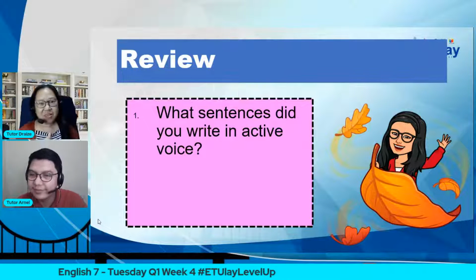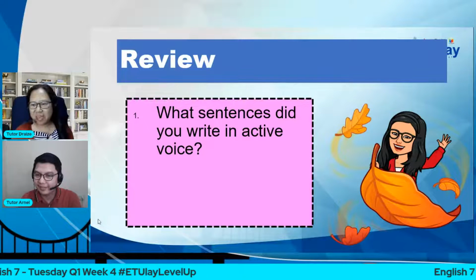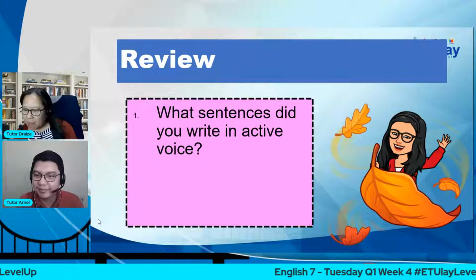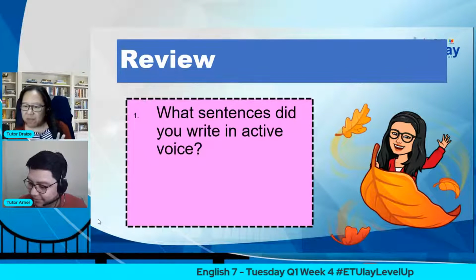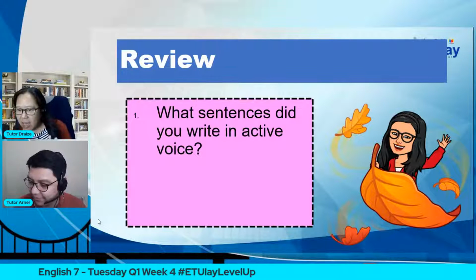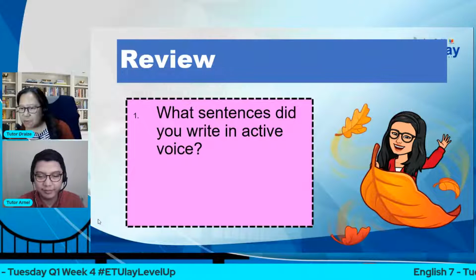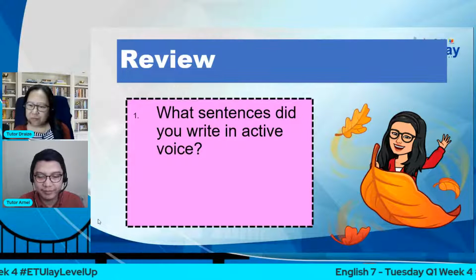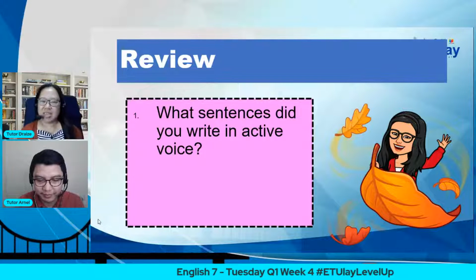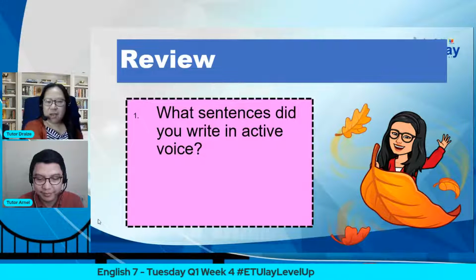That's also correct, right? It's an active voice. And we also have, his classmates gave him food. That's correct. And then we have, the boy's classmates gave him a little bit of their food. So all these are active voice sentences. Very good. You still remember our lesson.